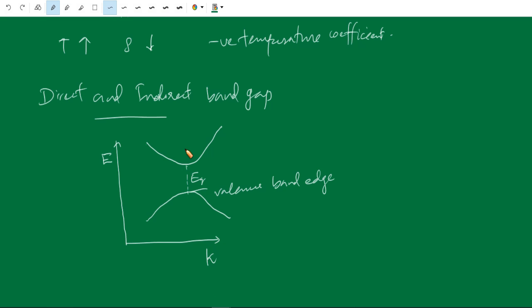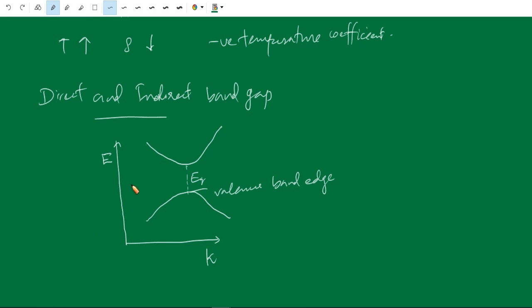The band gaps of materials can be measured by optical absorption. That means if a light photon is sent to a material, it may be absorbed if the energy of the photon is greater than the band gap energy.